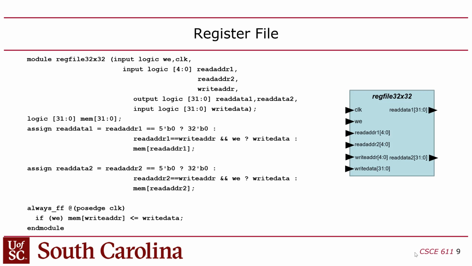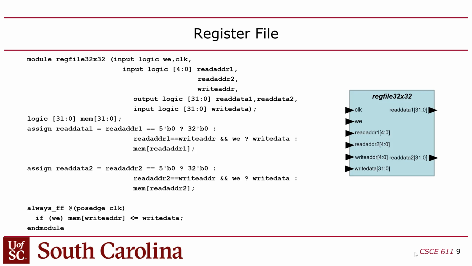It has 3 ports on it. There's a read address 1 and read address 2, with their own corresponding read data 1 and read data 2. This is meant to match up with the RISC-V instruction fields RS1, RS2. The instruction comes in and you take the two 5-bit fields and treat them like addresses for this RAM.